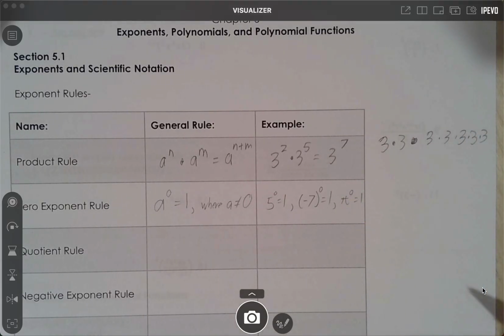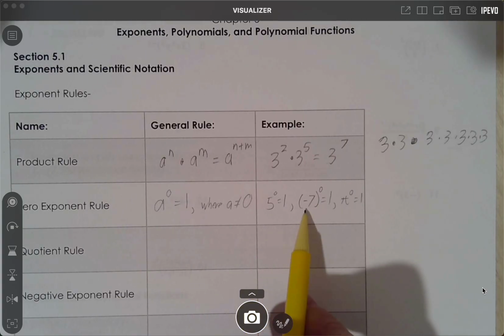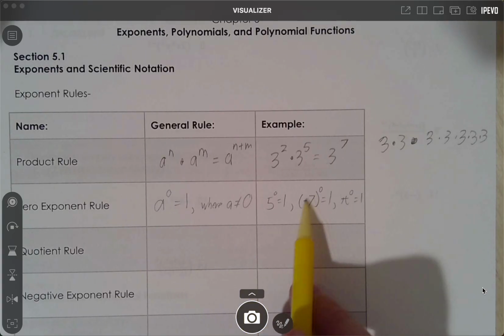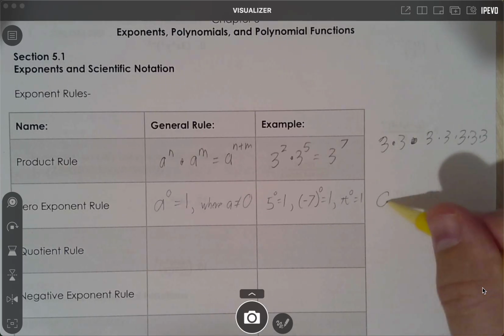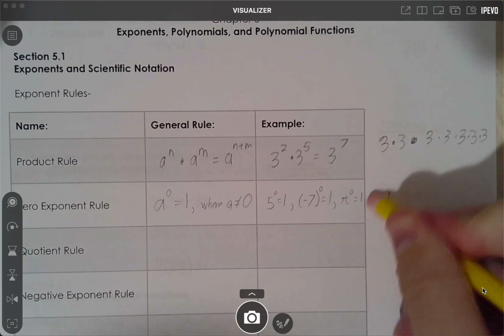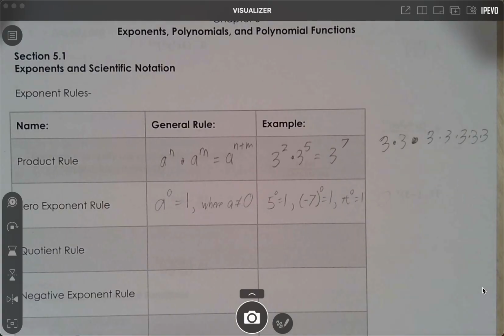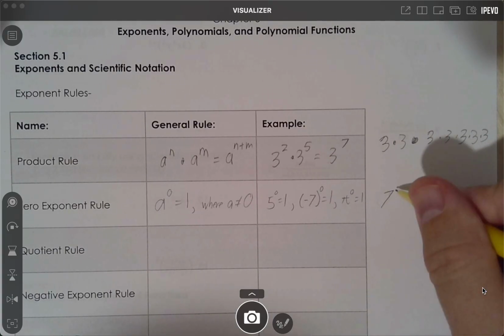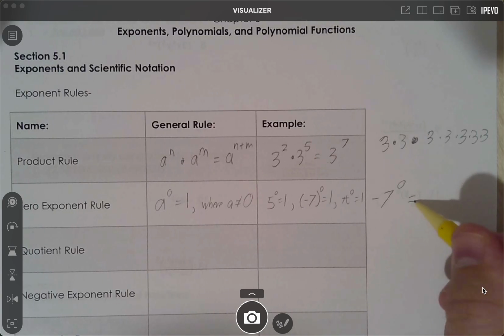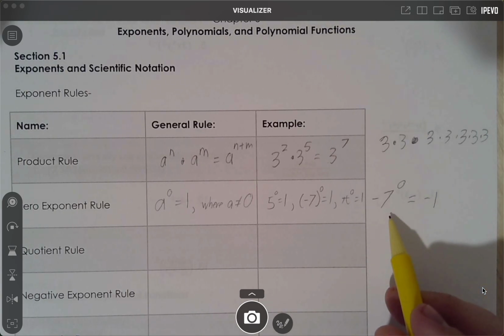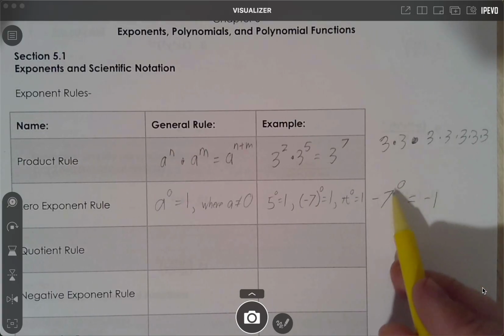Now the thing I'm pointing out here is notice that in parentheses, that entire negative number was being raised to the 0. Just as an extra example, if I had negative 7 to the 0 without parentheses, that would actually be negative 1, because the idea there is that only the exponent of 0 is on 7, or rather 7 is the only thing with the exponent.